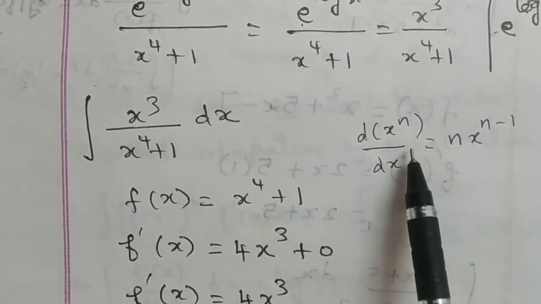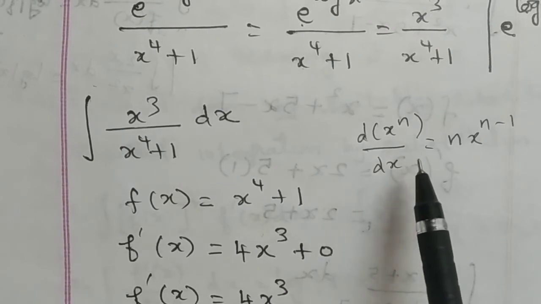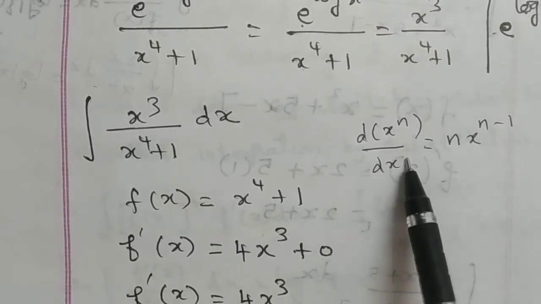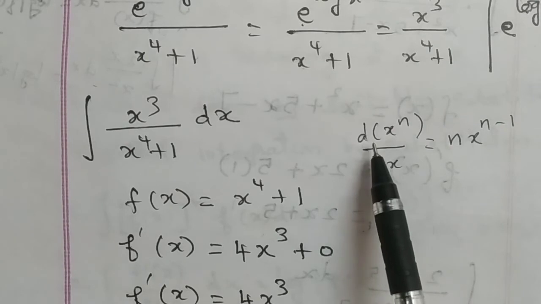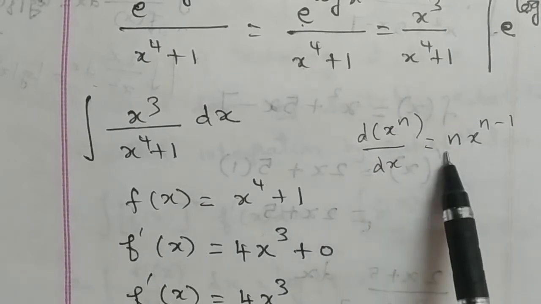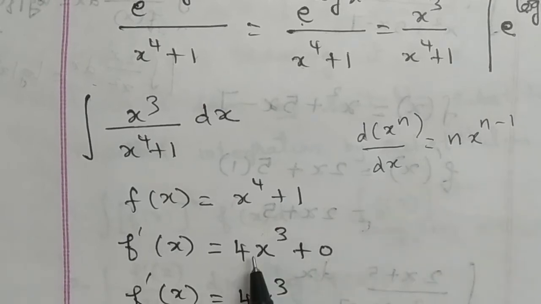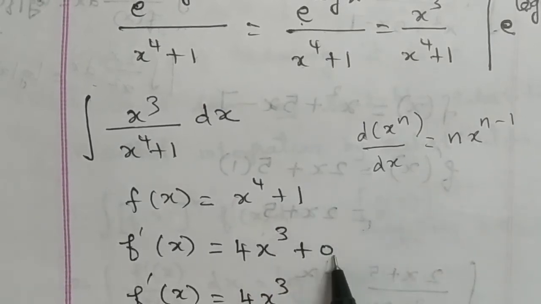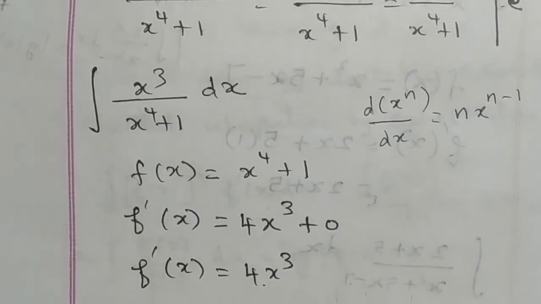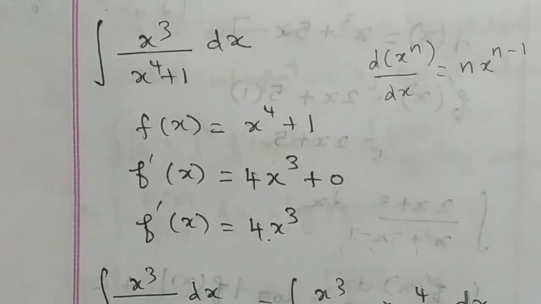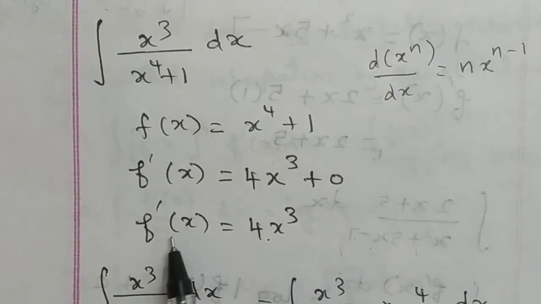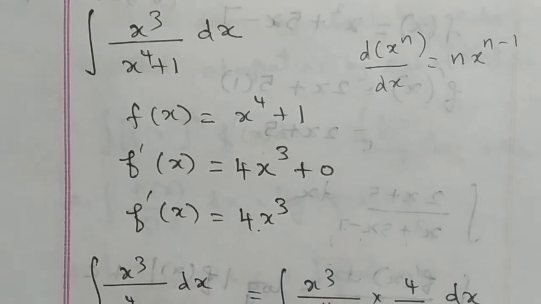We are using this general differentiation formula only: d of x power n divided by dx equals n into x power n minus 1. So 4x cube. The derivative for 1 is 0. So f dash of x is equal to 4x cube.